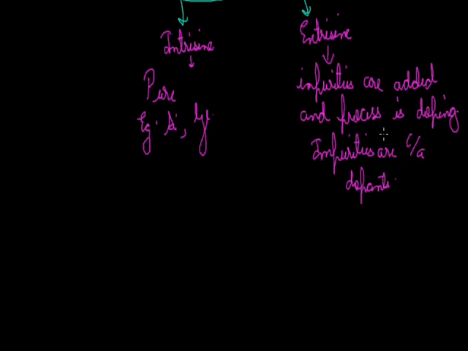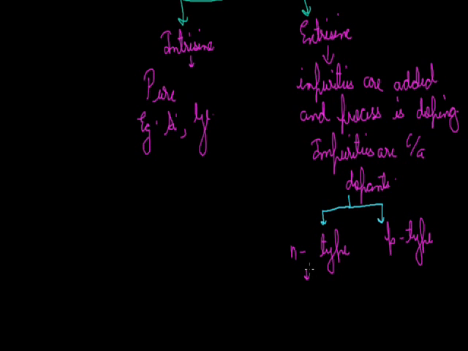Now, on the basis of the impurities added, these are again classified into two categories: N-type semiconductor and P-type semiconductor.